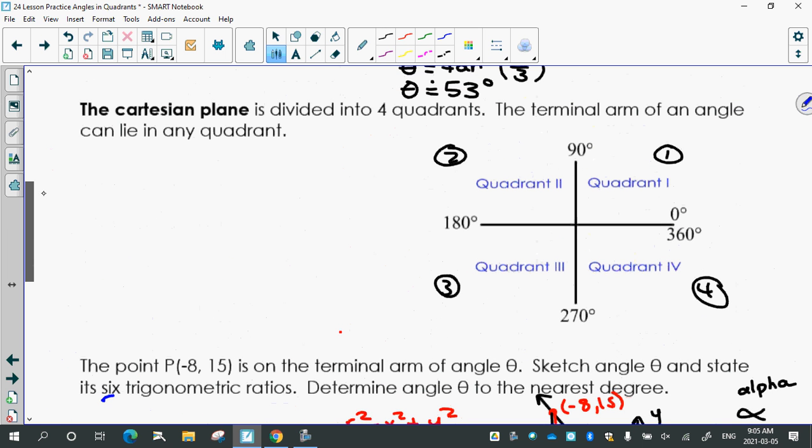I just want to go back to this diagram now that we've done one of these. If theta's in quadrant 2, theta is always going to be 180 minus alpha. If your terminal arm's in quadrant 3, theta is going to be 180 plus alpha.